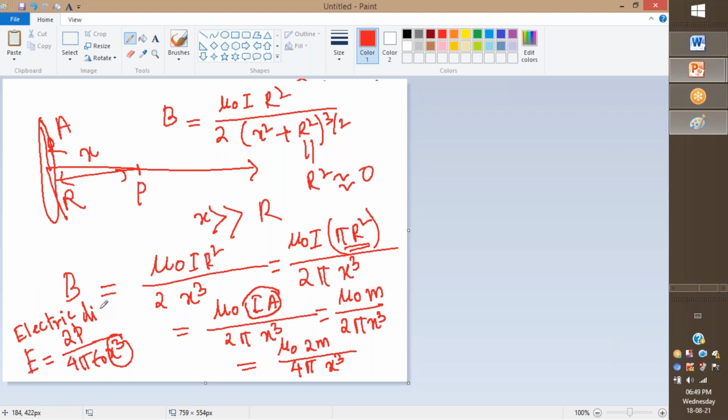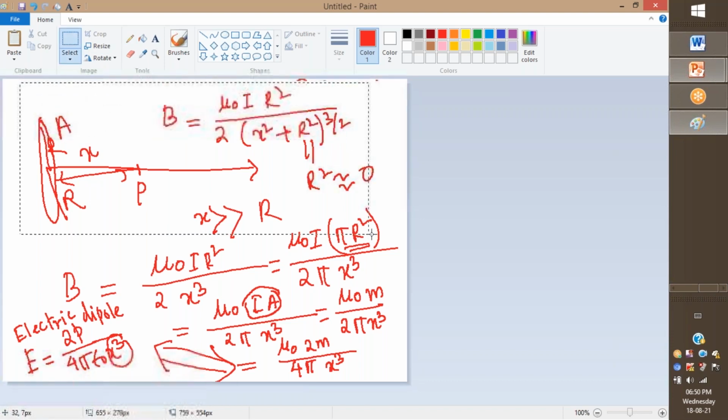And this we have got now for a circular loop. That means, can you tell me from this analogy that the circular current carrying loop is acting or behaving as a magnetic dipole, similar to your electric dipole?